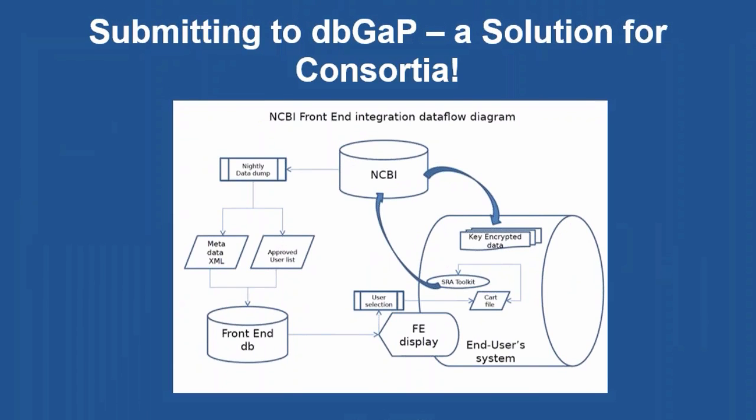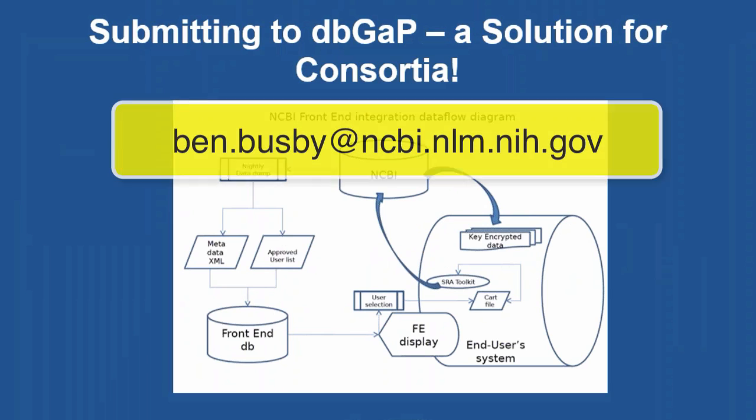Going back to dbGaP for a minute, doubtless a few of you belong to large genomic sequencing consortia. If you do, the data produced by your consortia can be back-ended by dbGaP and still presented in a front-end sort of way. Please email me at ben.busby, B-U-S-B-Y, at nih.gov.